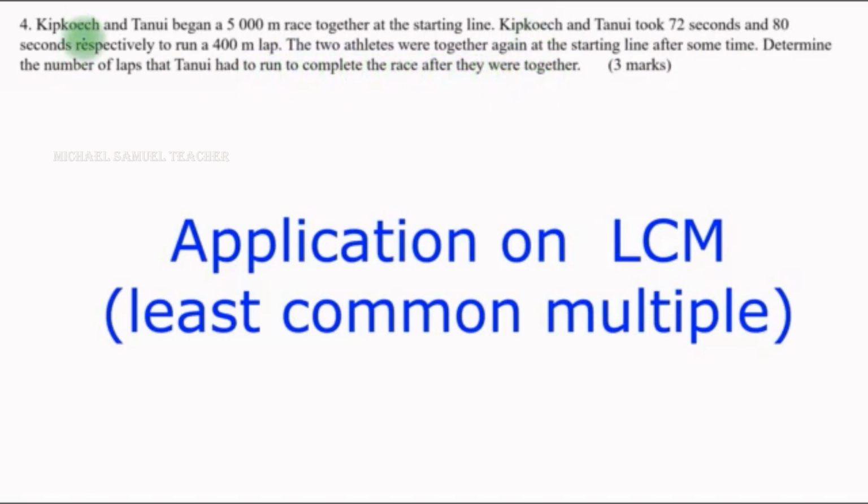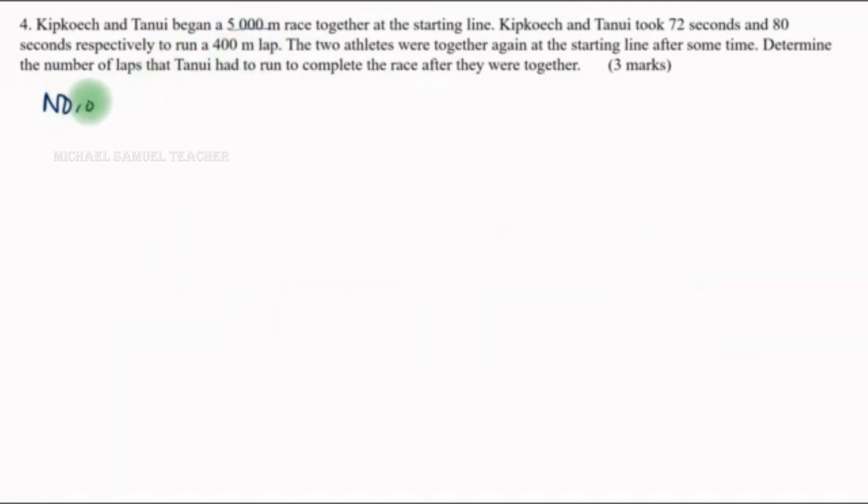Fine. So we have Kipkoech and Tanui. So this is the race that they should go, and one lap is 400 meters. So the total number of laps that they have to cover will be the total distance covered by each, divided by 400 meters for one lap.